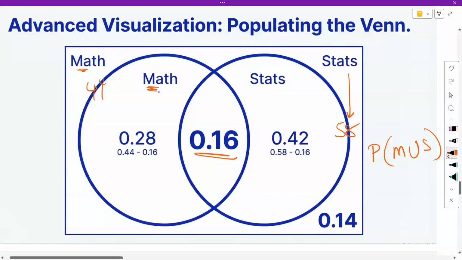The probability of getting maths only is 0.44 minus 0.16, which is 0.28, and statistics only is 0.58 minus 0.16, that is 0.42. Altogether 0.28, 0.16, 0.42, we can get the probability.